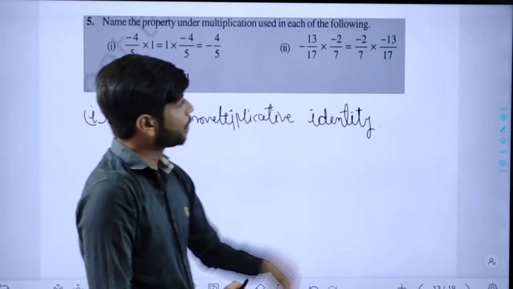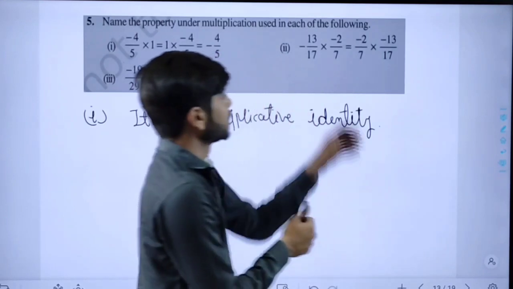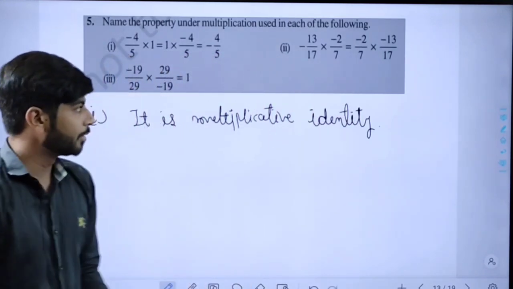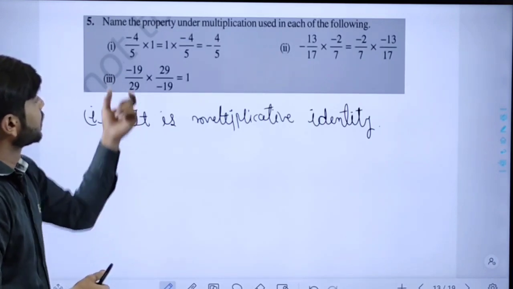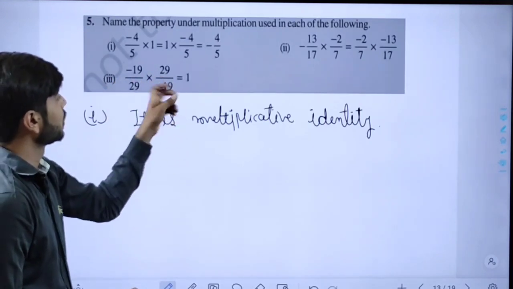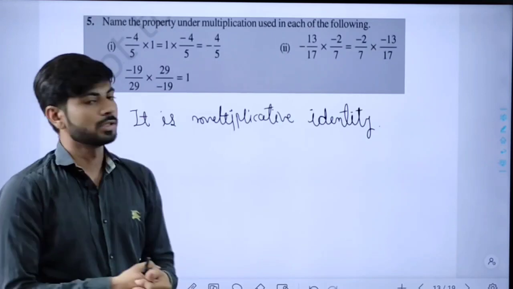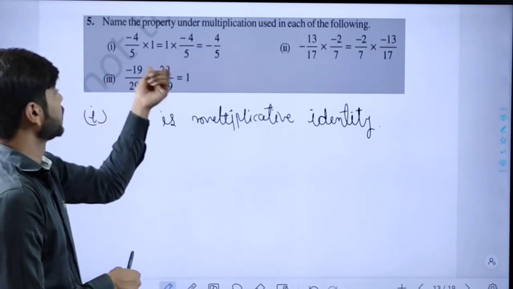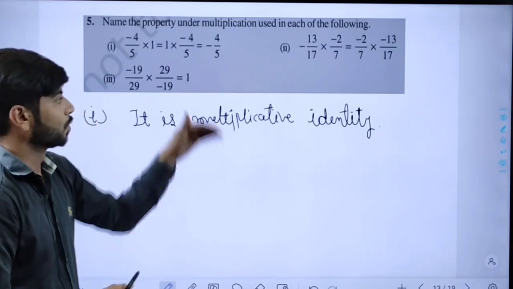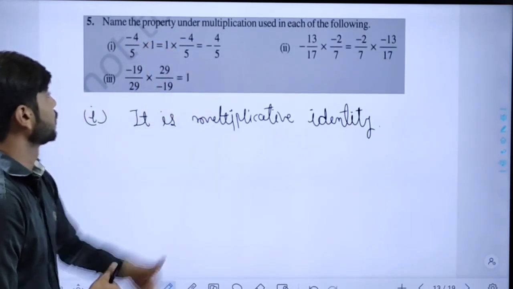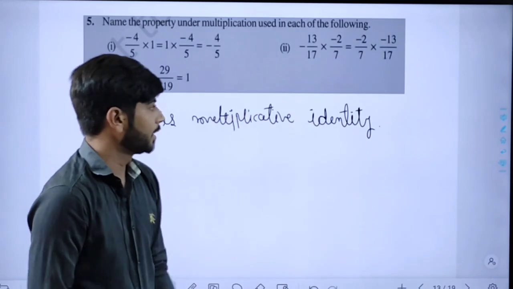Similarly, the second property, now it is the changing of order, so it is commutative property. And in third, you can see the answer is 1, and both rational numbers are reciprocals, or you can say multiplicative inverse. So in first it is multiplicative identity.